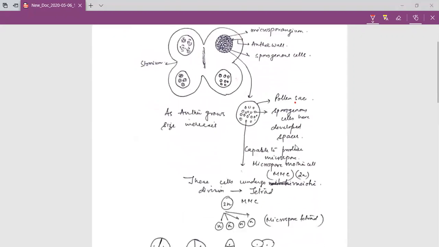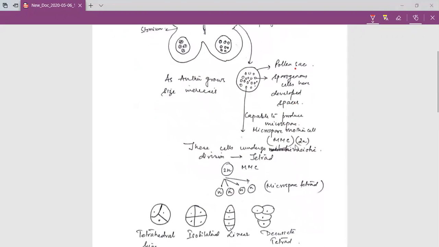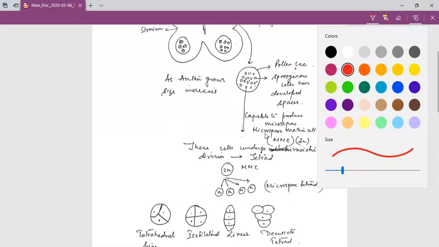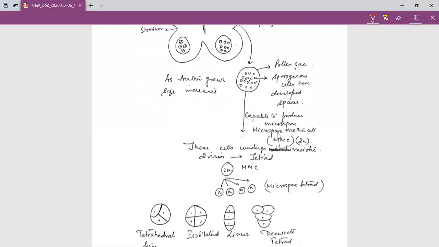After the formation of the pollen sac, the sporogenous cells undergo meiotic cell division. As it is sexual reproduction, definitely the first division will be meiotic cell division. Sporogenous cells we now call microspore mother cells. This is your microspore mother cell, which is diploid.